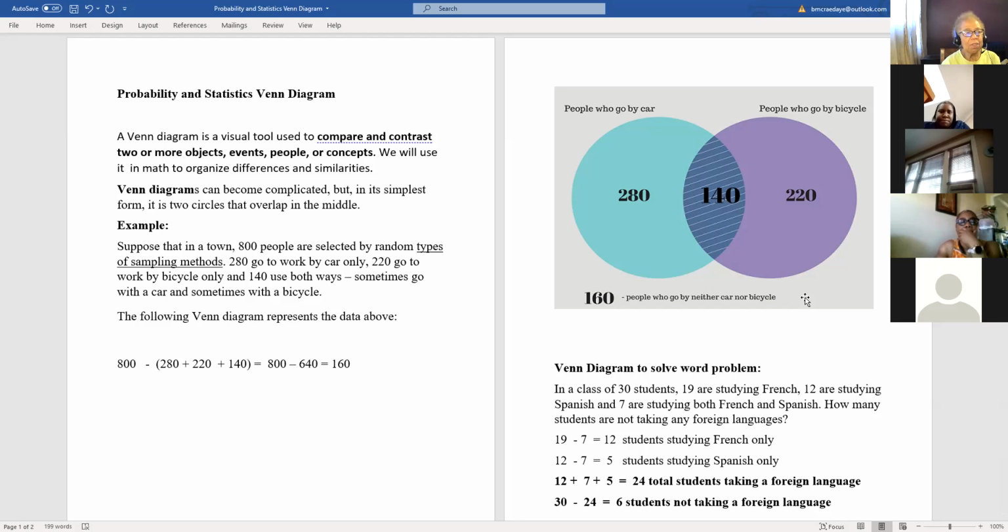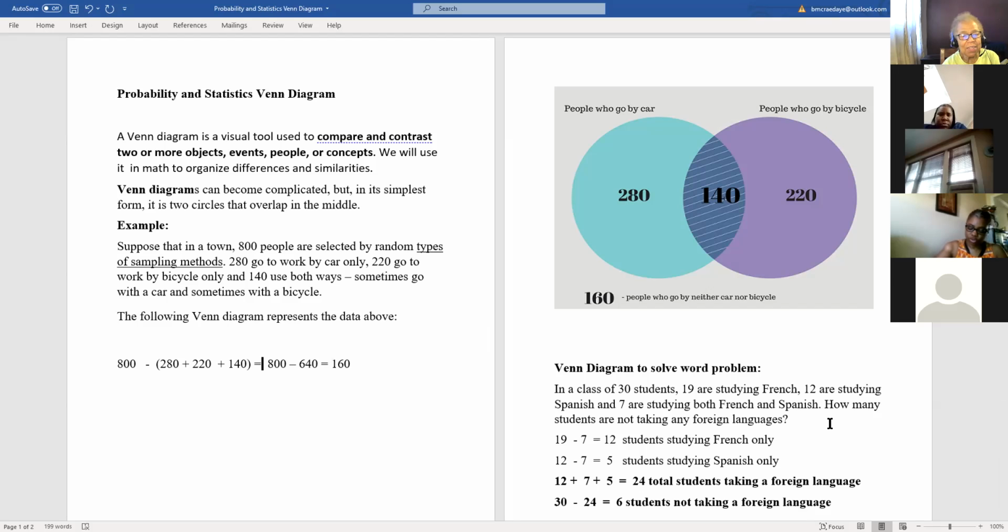Now, you can use the Venn diagram to solve word problems, and I'm giving you a word problem over here. In a class of 30 students, 19 are studying French, 12 are studying Spanish, and 7 are studying both French and Spanish. How many students are not taking any foreign language? Now, can you draw a Venn diagram of this data?